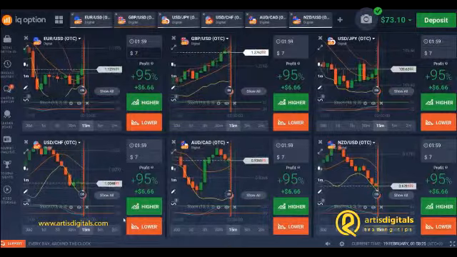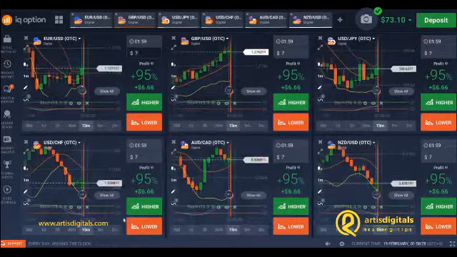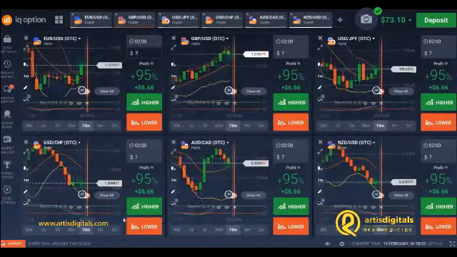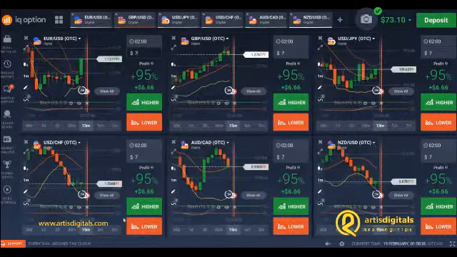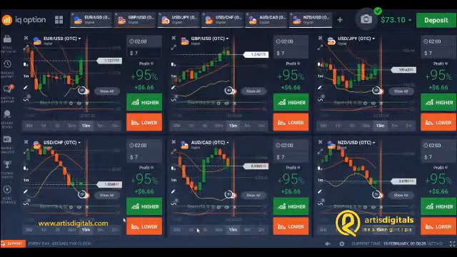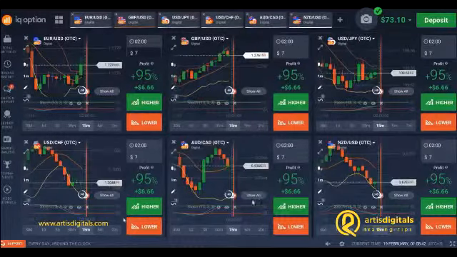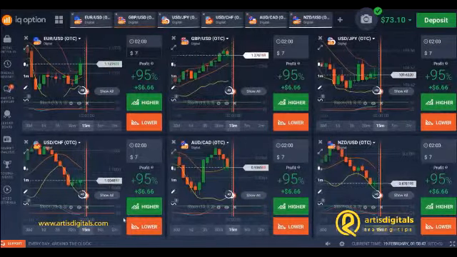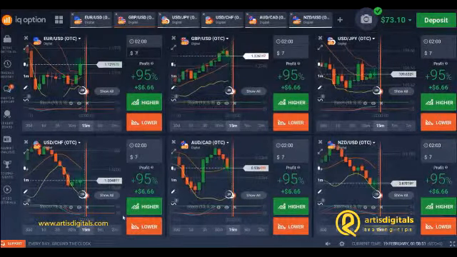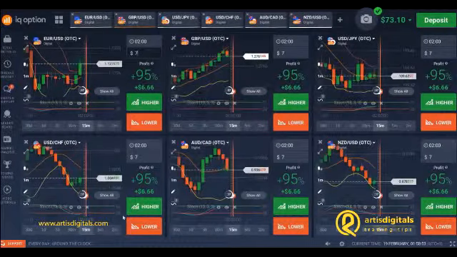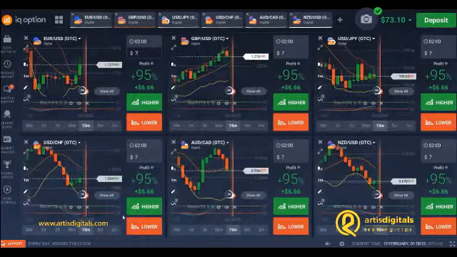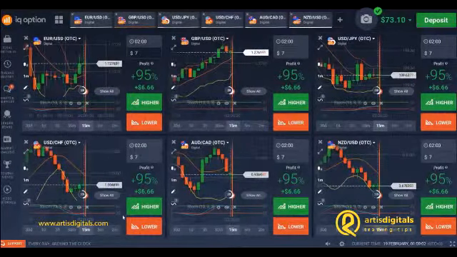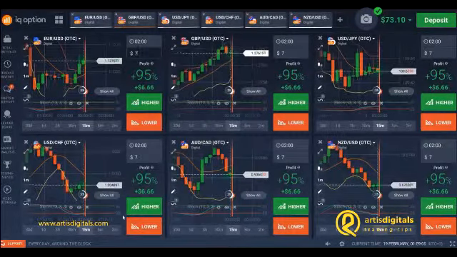So you see a shooting star forming here, but it's not perfect on USD CHF. If it forms, I call at 32 seconds. So here it is forming on USD CHF.